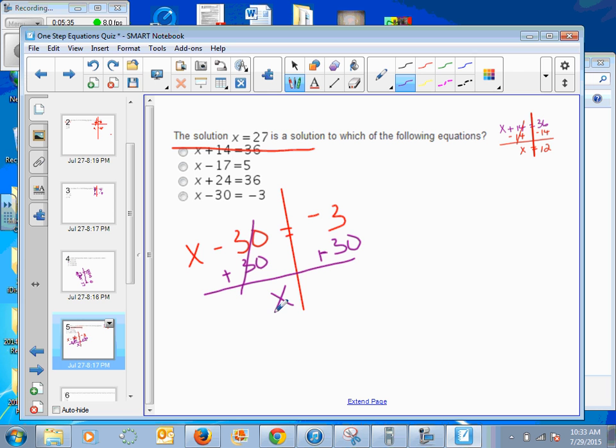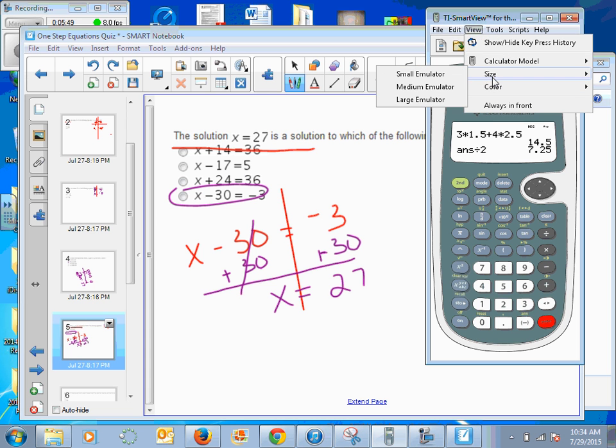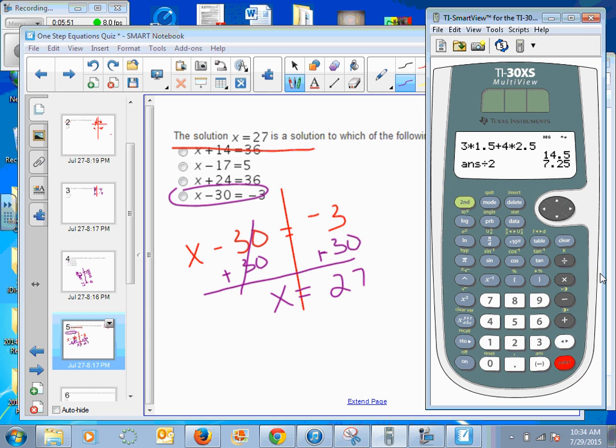Now, negative 3 plus 30 does give you the 27. If you're having a hard time seeing that, just always remember to go back to the calculator and make sure this is working correctly. Negative 3 plus 30 is equal to 27.